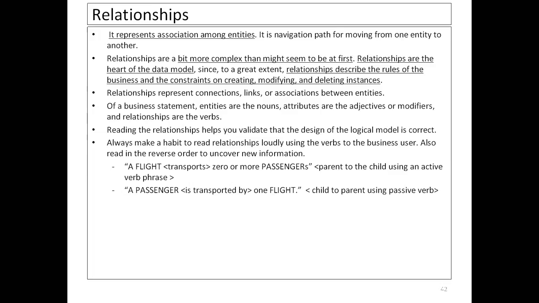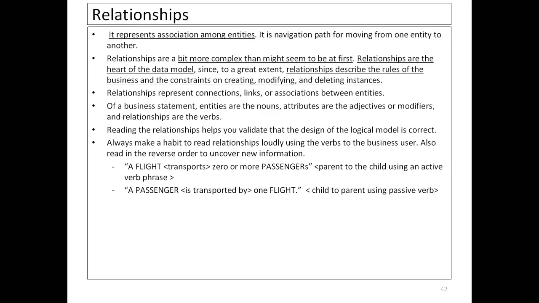Relationships are always present as verbs in a business statement or a business requirement statement. So reading the relationships back to the business architect or business analyst is the best way to validate the design of a logical data model. Always have a habit of reading relationships aloud using the verbs to the business user.